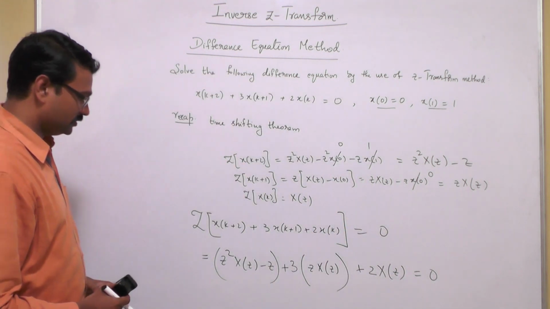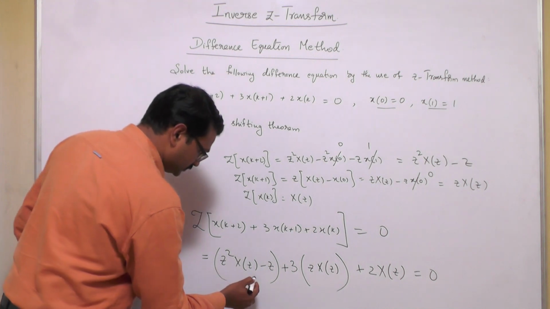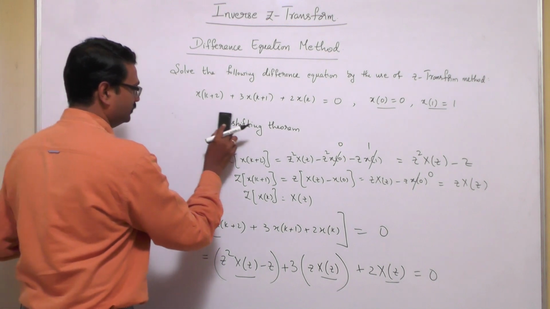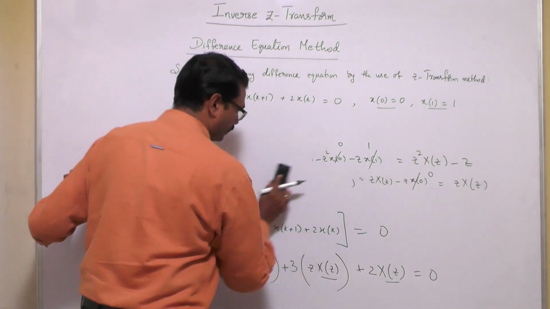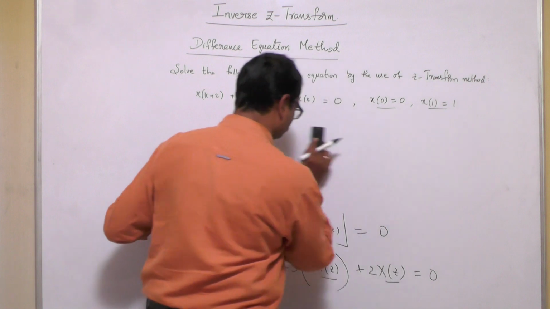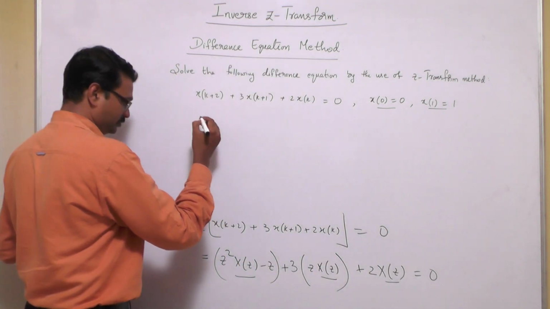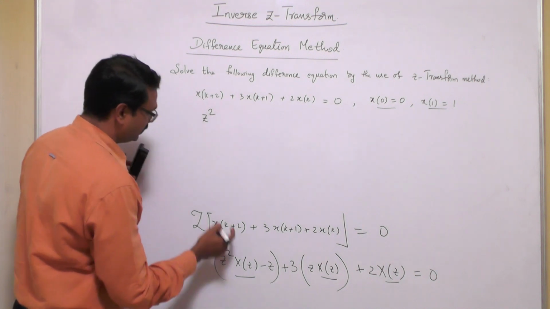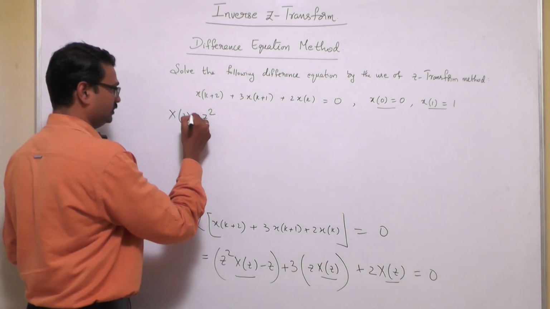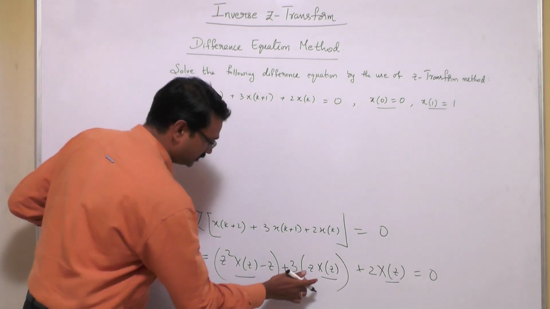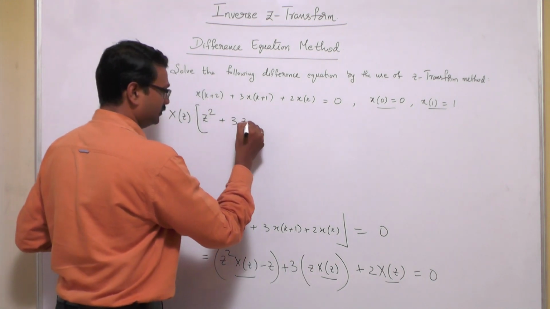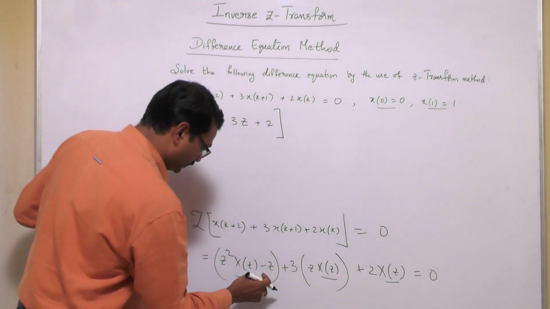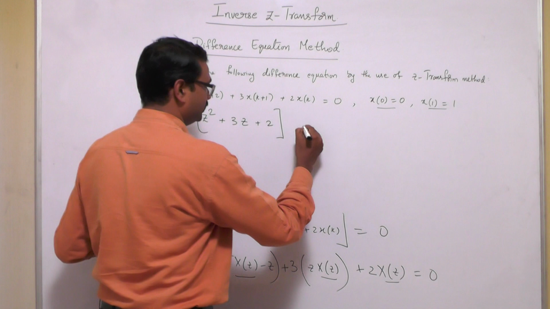I consider all x of z terms into one place. When I take x of z common, I have z square plus 3z plus 2, and minus z, which I take to the right hand side.